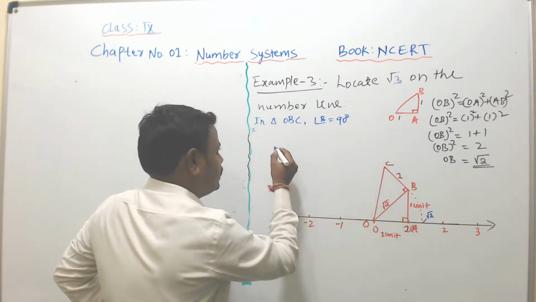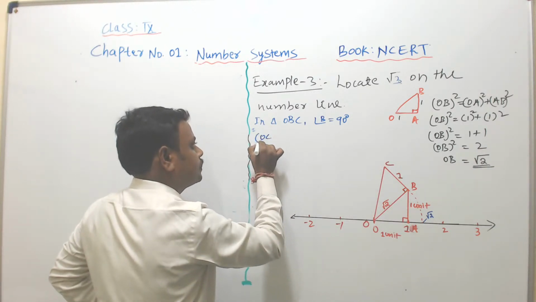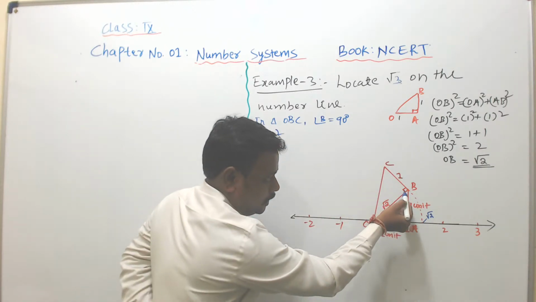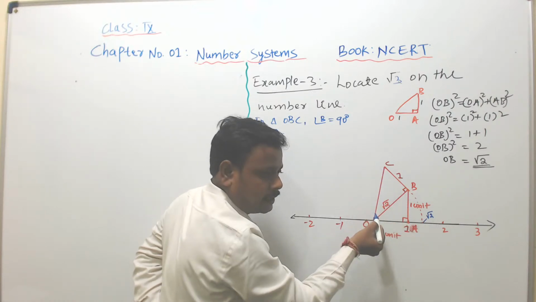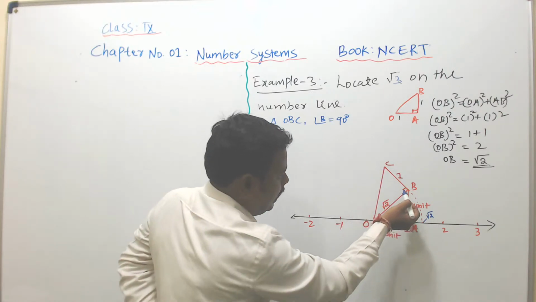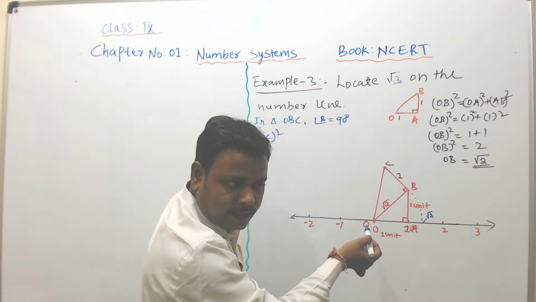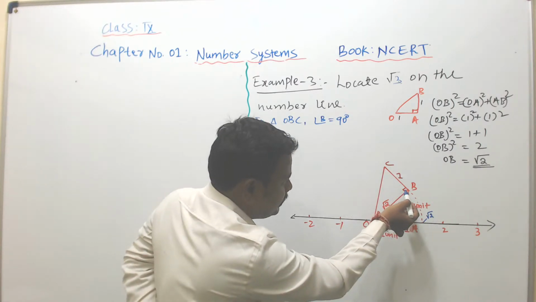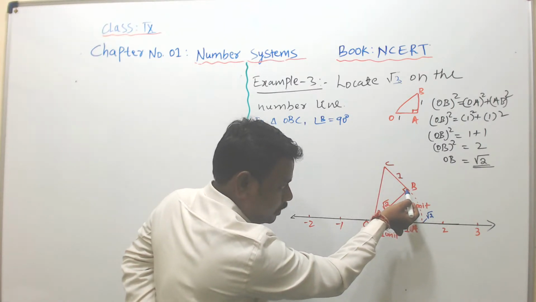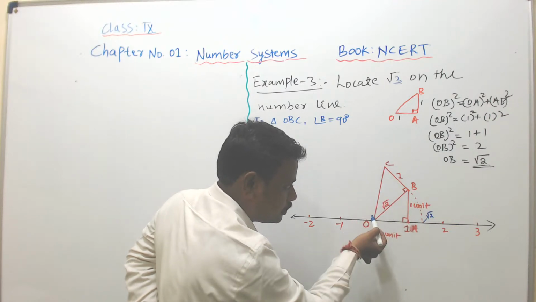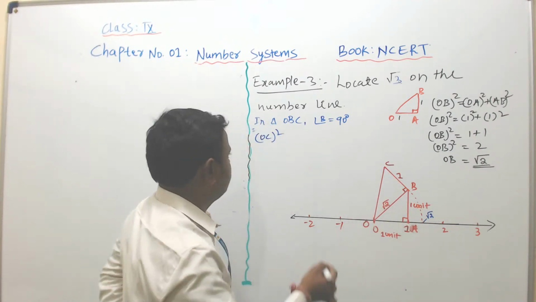Now OC is the hypotenuse, because the side opposite the 90 degree angle B is OC. That is the hypotenuse.